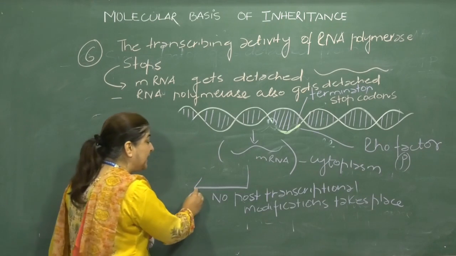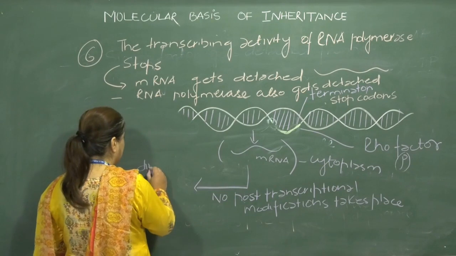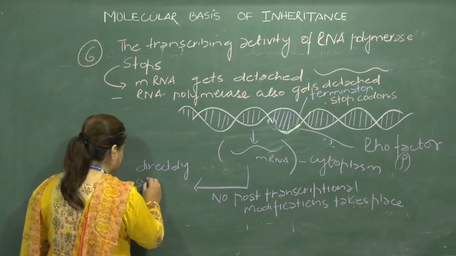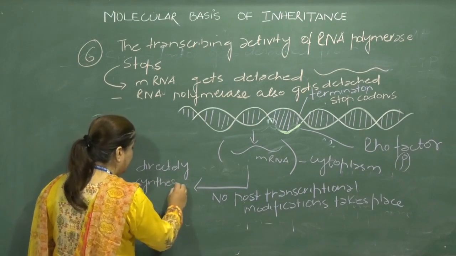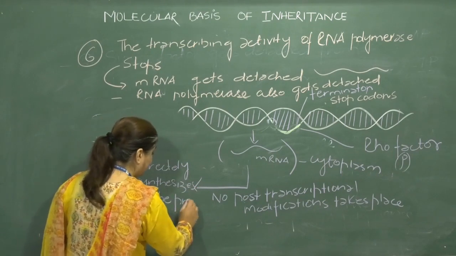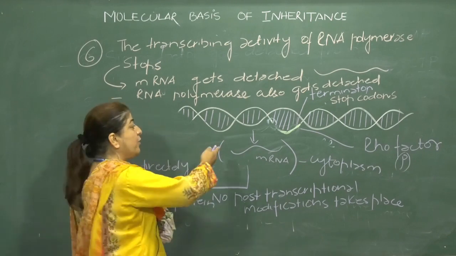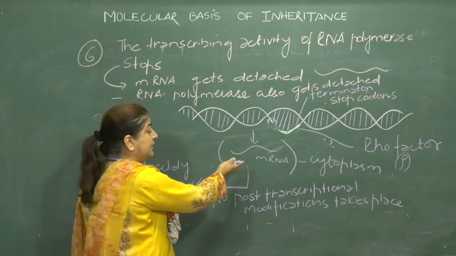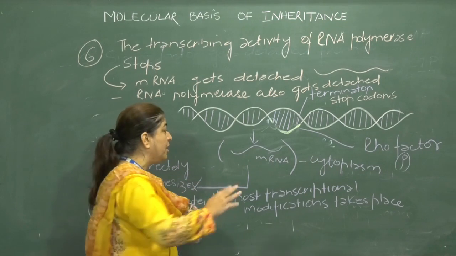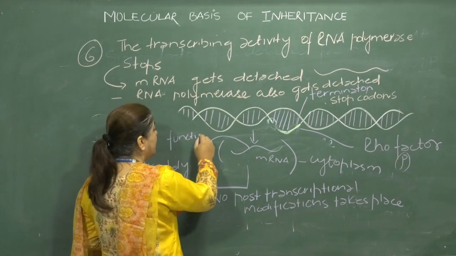It directly starts synthesizing the proteins or polypeptide. Now in prokaryotes, after the process of transcription, the mRNA transcript never needs any post-transcriptional modification, because this is polycistronic and this directly is a functional mRNA.